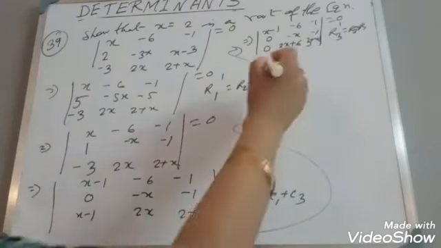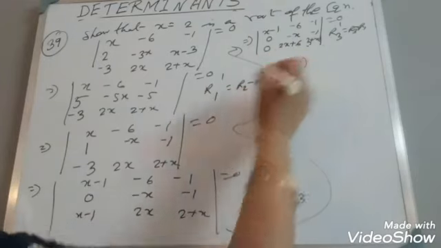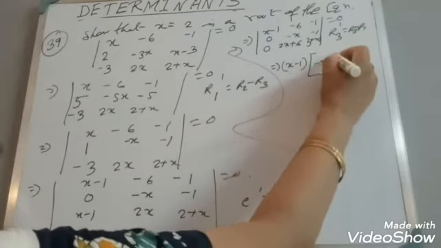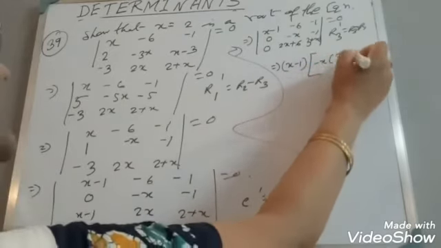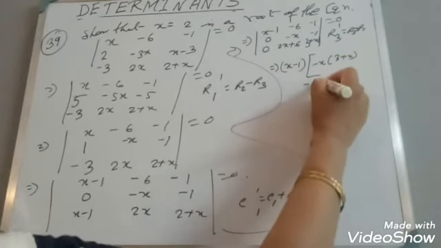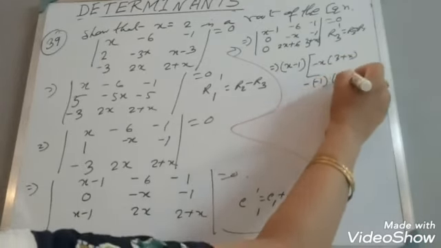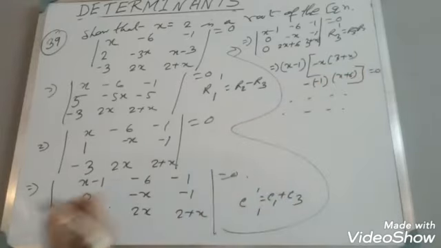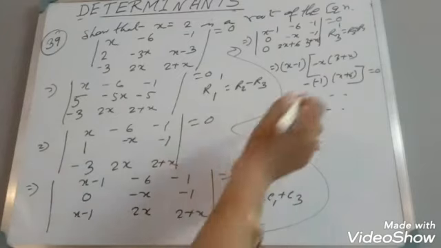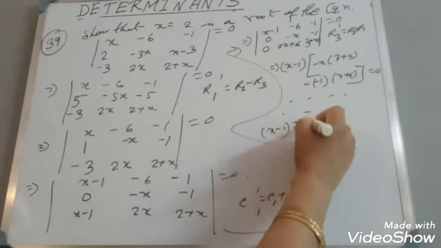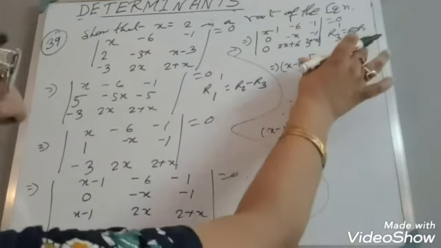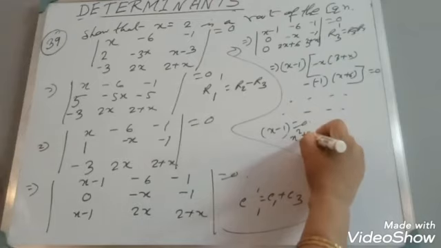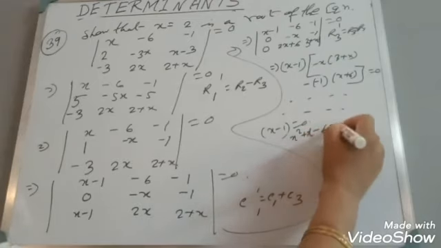Now we will expand, same as before. x minus 1, and it will be minus x into 3 plus x, minus of minus 1 into x plus 6, is equal to 0. This much calculation you can do on your own. One part we get x minus 1 equal to 0, and in the bracket we get x square plus x minus 6 equals 0.